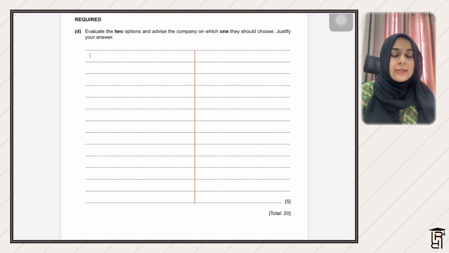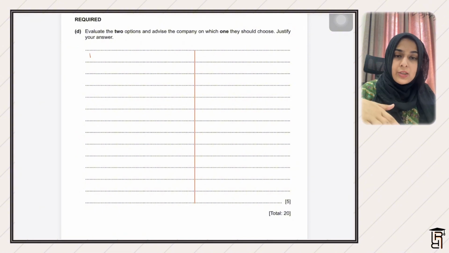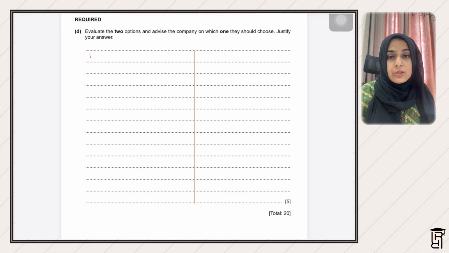Let's take a hypothetical example. There's a company and there are 10 shareholders in that company. In reality, we have thousands of shareholders, but just for an example, these 10 shareholders own the company.